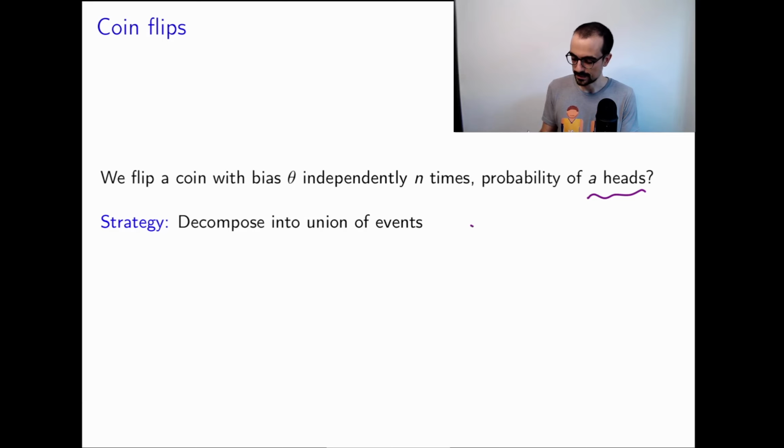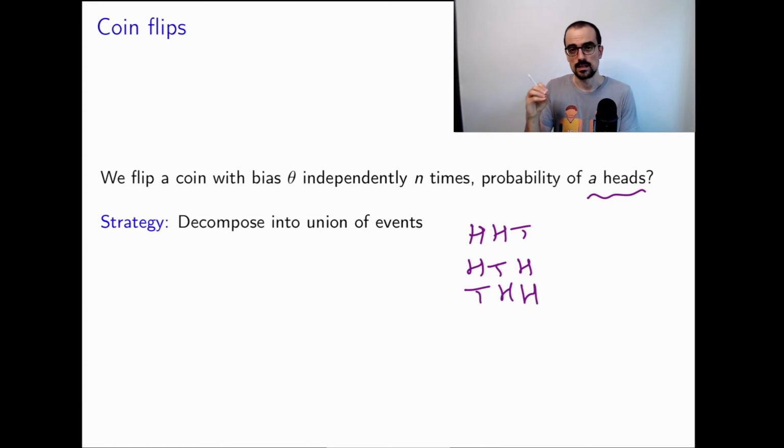So I can get heads, heads, tails. I can get heads, tails, heads. I can get tails, heads, heads. So when I say I'm going to divide the event that I get A heads into several sub-events, this is exactly what I mean.